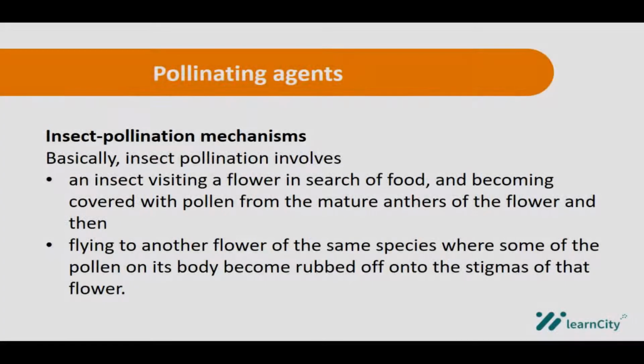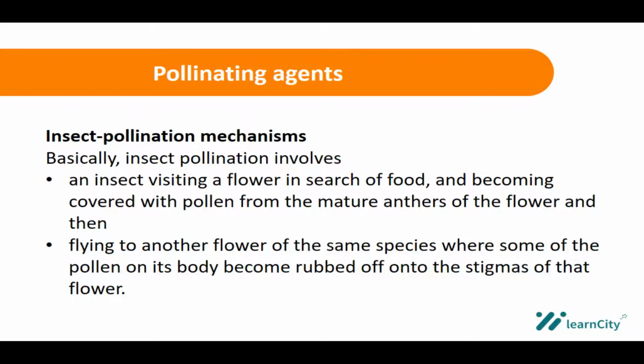Now, what is the process of insect pollination? What does it involve? Basically, an insect visits a flower in search of food. Then the insect becomes covered in pollen, because when it is feeding on the nectar, it becomes covered in pollen unintentionally. It doesn't even know that it's covered with pollen from the anthers of the flower.